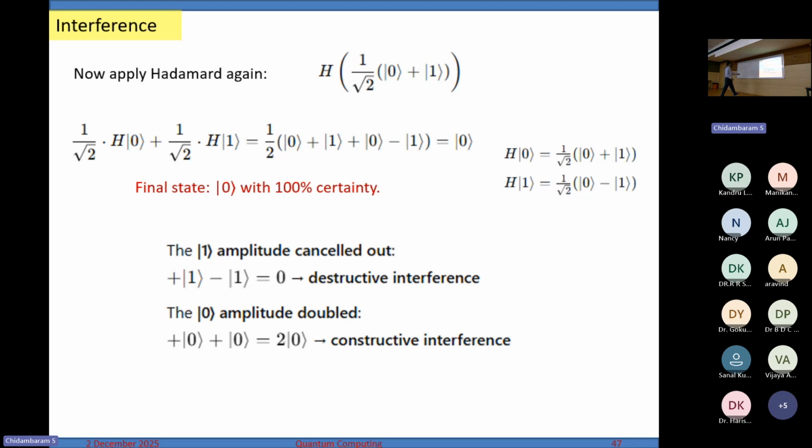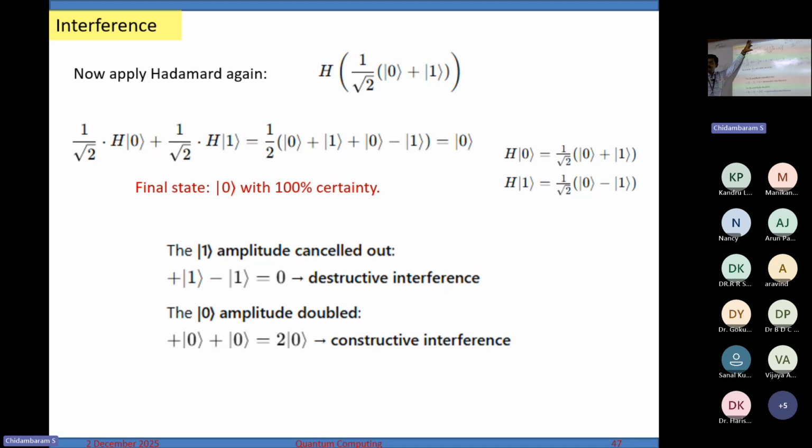Observe this. Actually, if I have applied only Hadamard on ket 0, I am getting output of ket 0 with 50% probability and output of 1 with 50% probability. No, I don't want that. I want compulsorily 0.